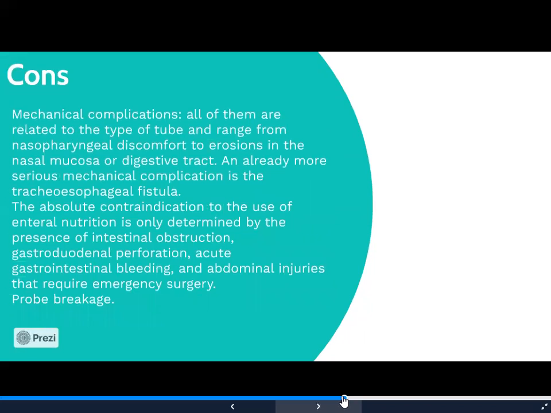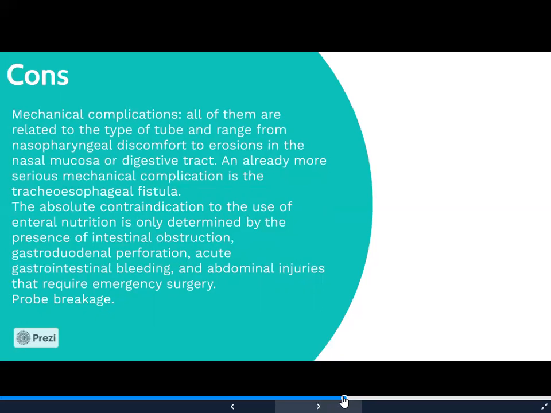Mechanical complications are all related to the tip of the tube and range from nasopharyngeal discomfort to erosion in the nasal mucosa or digestive tract. A more serious mechanical complication is the tracheoesophageal fistula.